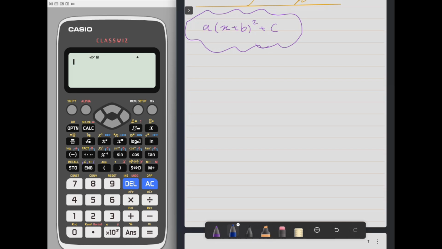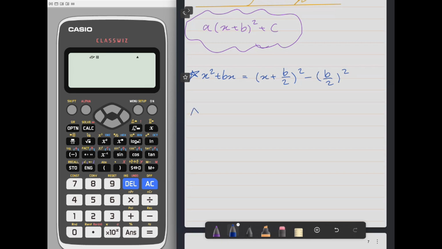If you have your quadratic in the form x squared plus bx, after completing the square, it will become (x plus b over 2) squared minus (b over 2) squared. Well, this is the first one.